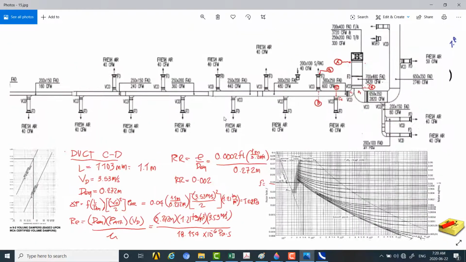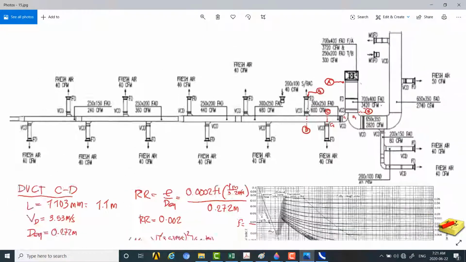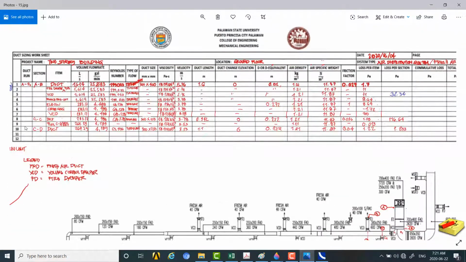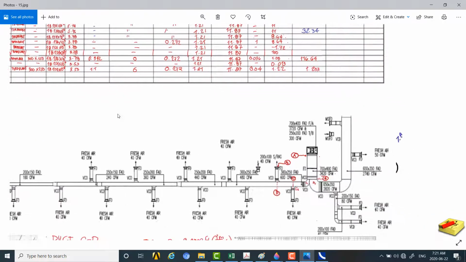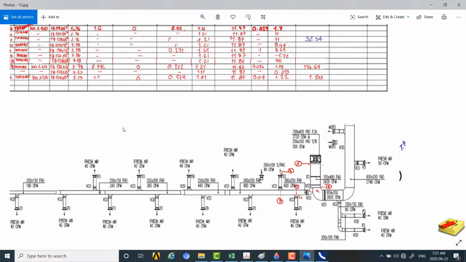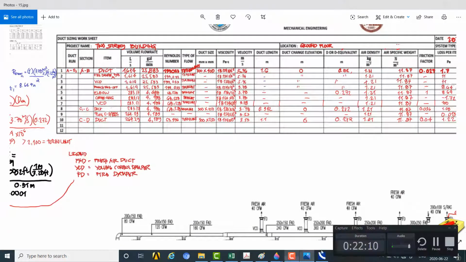C to D. We're going to D to D2. Duct. So this is the last part. So this should be D to D2.